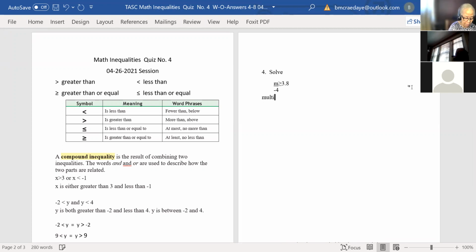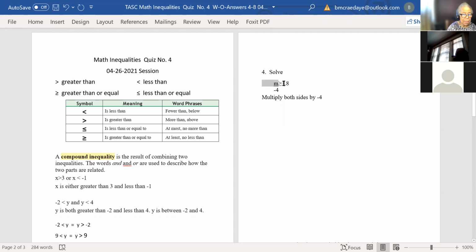multiply. And what do we multiply by? You multiply across. Cross multiply. Yeah, multiply. So we multiply both sides by -4. Yeah, which is the cross because m times 1 is m, minus 4 times 3.8. So multiply both sides by -4.